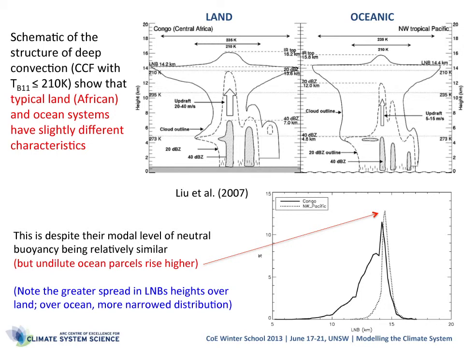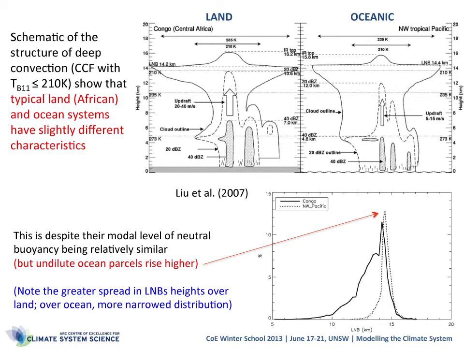These are 40 dBZ reflectivity contour lines. They reach higher up over land than they do over the ocean. And the 20 dBZ line as well, which is the dashed line there. So they've got different characteristics that we have to take into account. And this is despite the modal level of neutral buoyancy being relatively similar.